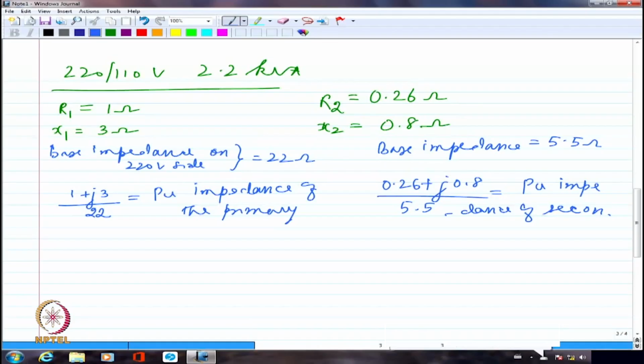If I look at a transformer, normally the voltage regulation has to be less than 10% in most of the cases. Voltage regulation, again, what we are calculating is on a per unit basis, because we are dividing by rated voltage all the time. So we get the drop and we divide it by rated voltage.